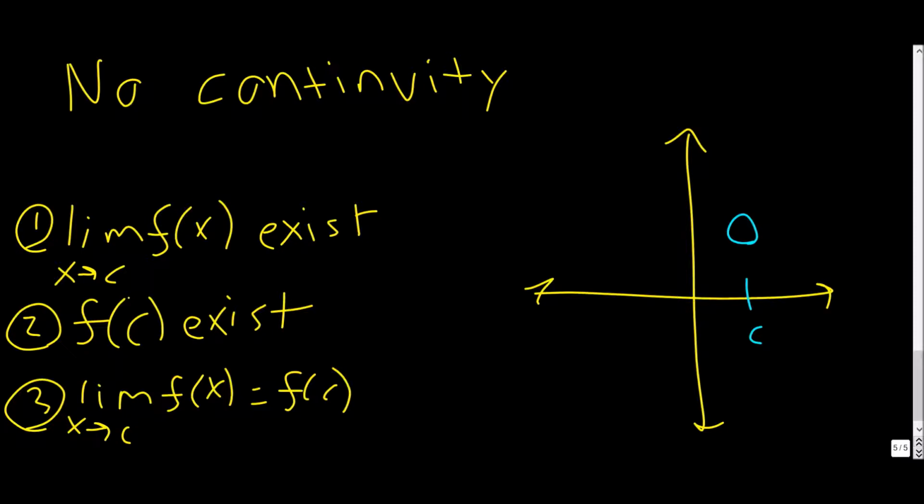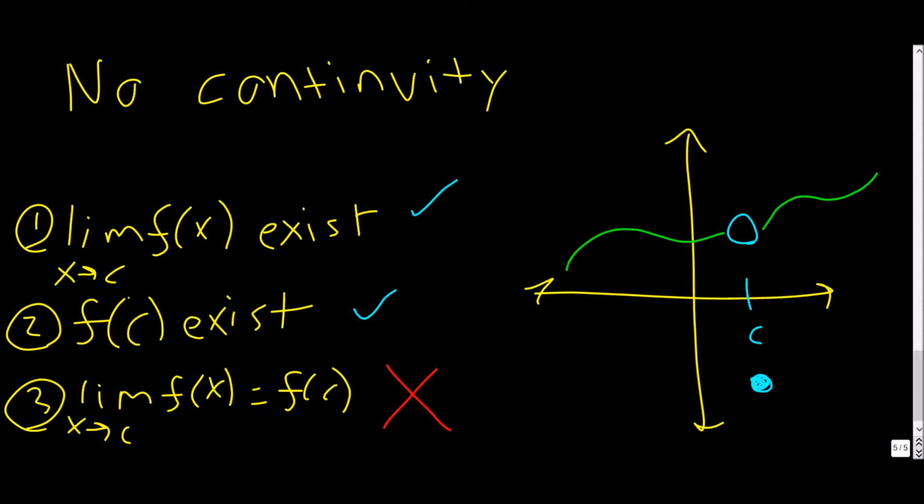Now, what if the limit exists? The limit exists at that place right there, but our function value is down here. We can have both of these happen, but if they don't agree at the same place, then we're not going to have continuity, because we're missing that point.